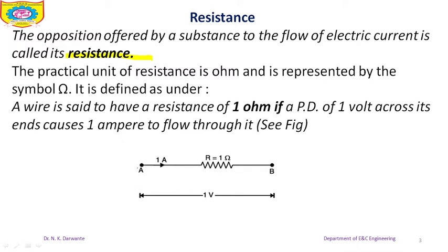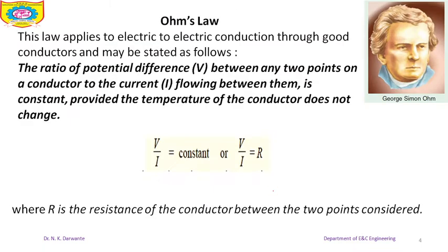Means, let us say that two points are there, point A as well as point B, and if the potential difference between these two points is 1 volt as shown here, and because of this 1 volt, a current of 1 ampere flows through it, then the resistance is R equal to V by I. The voltage is 1 volt and the current is 1 ampere, therefore resistance will be equal to 1 ohm.